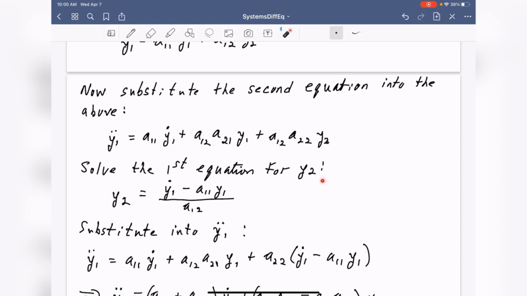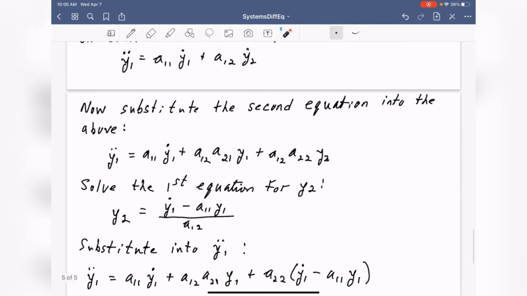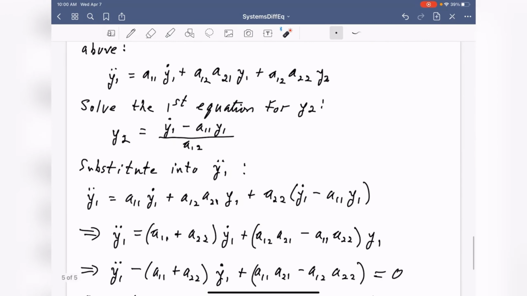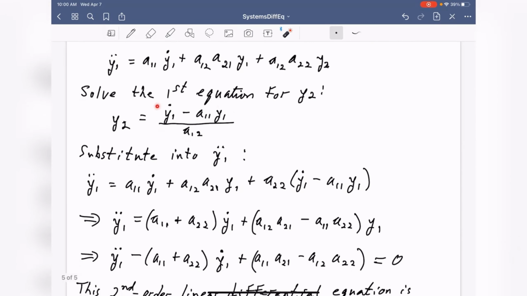We solve the first equation for y2, and we substitute that in for this y2 here. Notice that that a12 will cancel that a12 there.